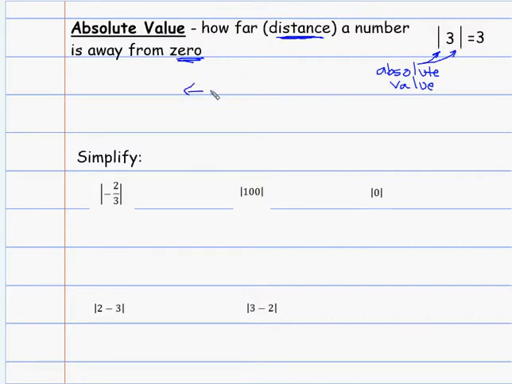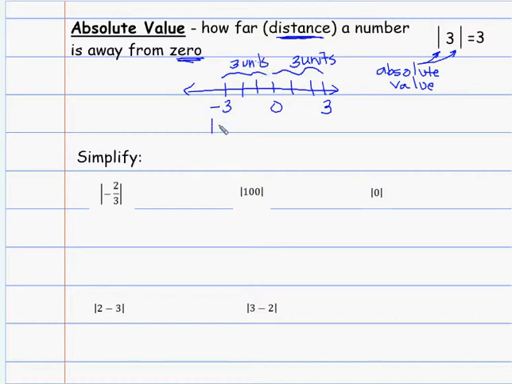So if we looked at a number line and we had 0 here, we would have 1, 2, 3. This distance is 3 units. That's how we get the 3. On the other side of 0, we have another number that is 3 units away. It is -3. That's still 3 units from 0.